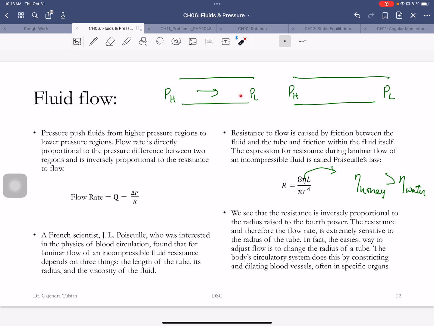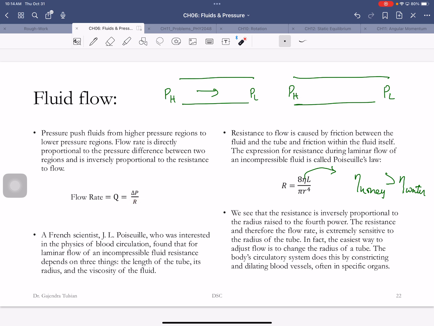Your heart has to work harder. So you want to put a higher pressure here. And remember, if you had an aneurysm or something like that, you don't want to raise your pressure, right? So you could increase your pressure, or what else can you do to increase flow rate? Decrease R.